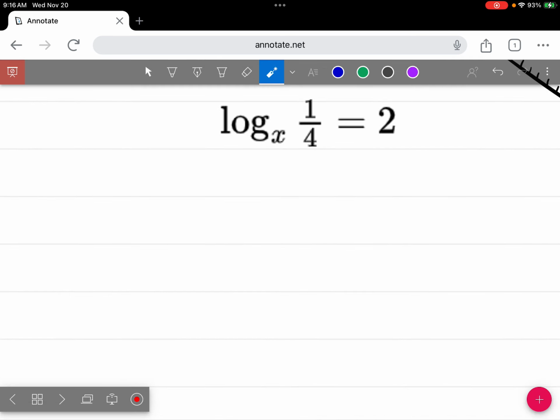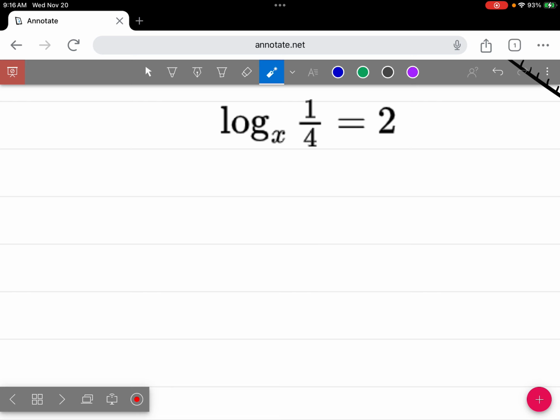Let's look at the next one. Log base x of 1/4 is 2. So now I can't make these have the same base. I can't force it to cancel out like we did on the left one. Since I can't force it to cancel out, we're going to switch forms.